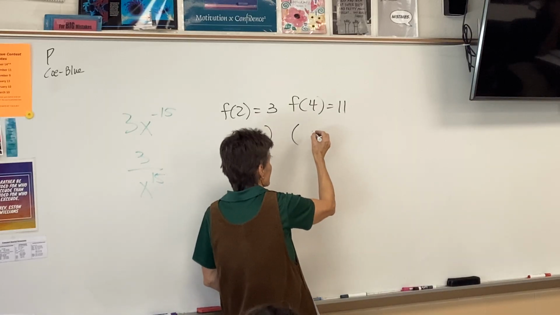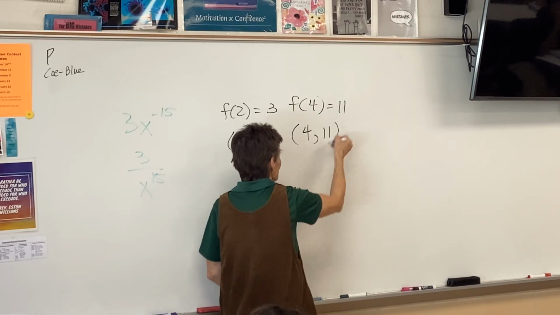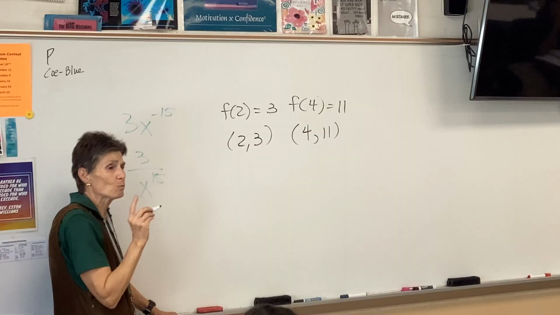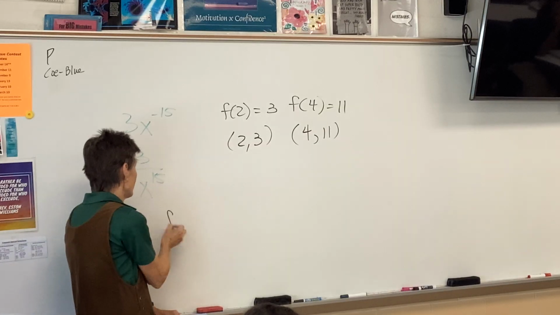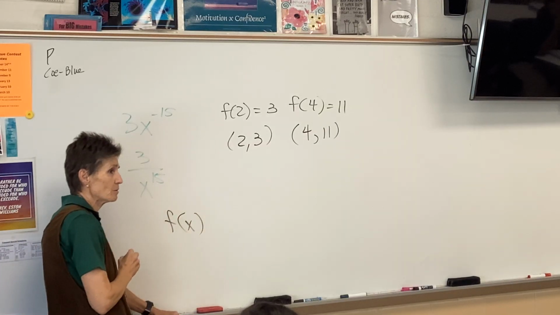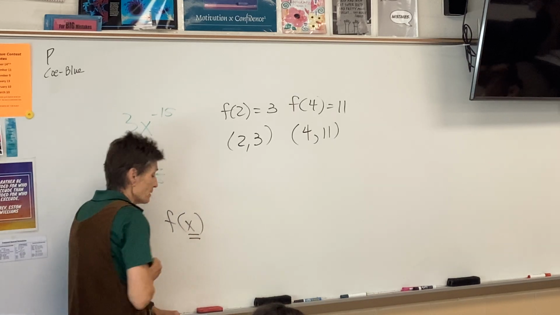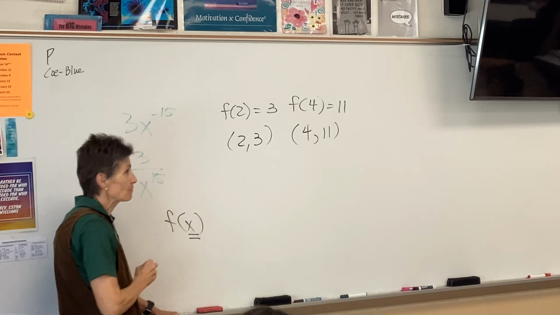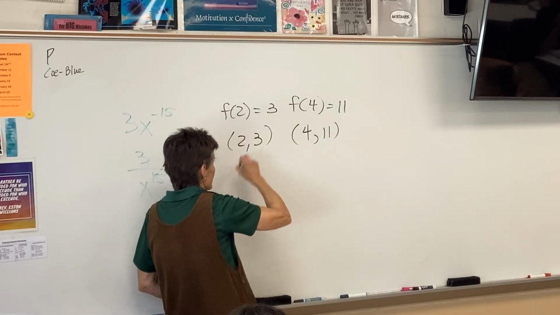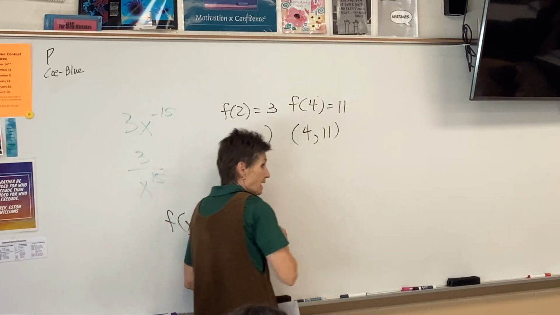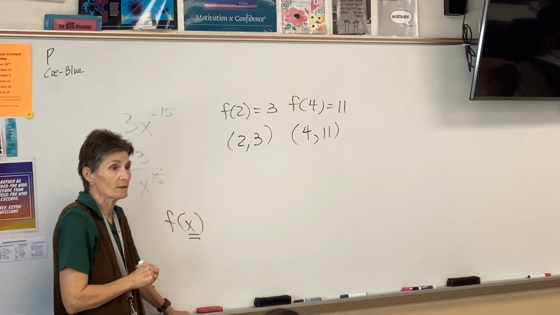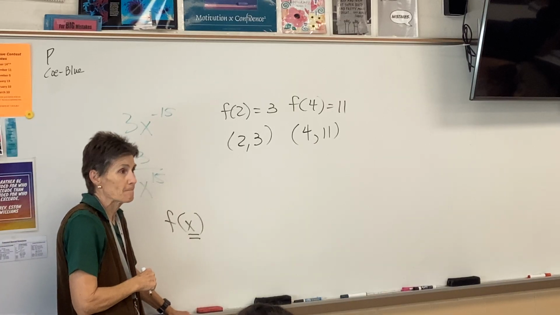And what point is this? When you write function notation, what's in the parentheses? X. So x is 2, y is 3, x is 4, y is 11. I'm going to write the equation of a line, so the first thing I need to do is find the slope.